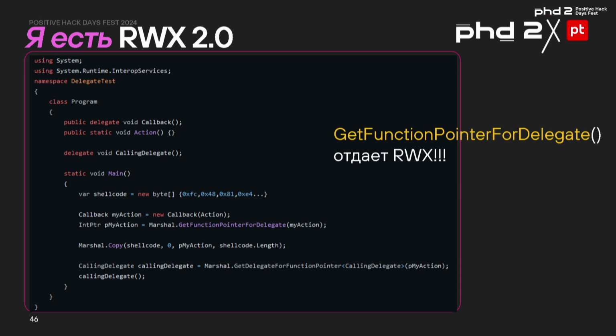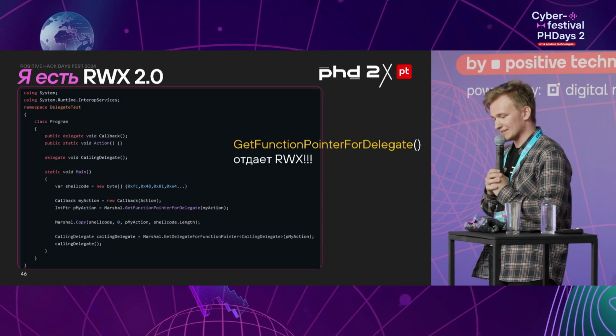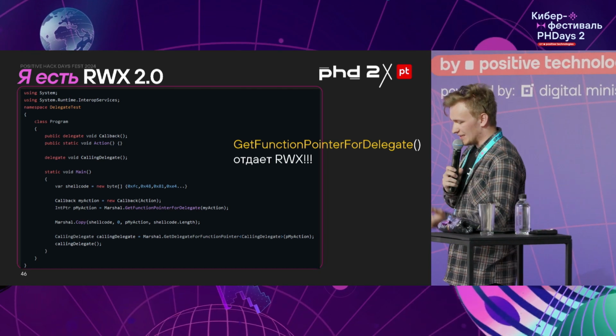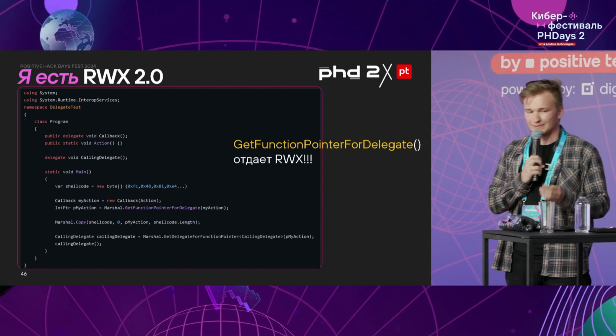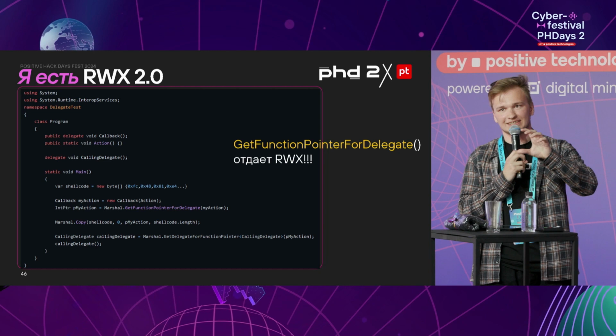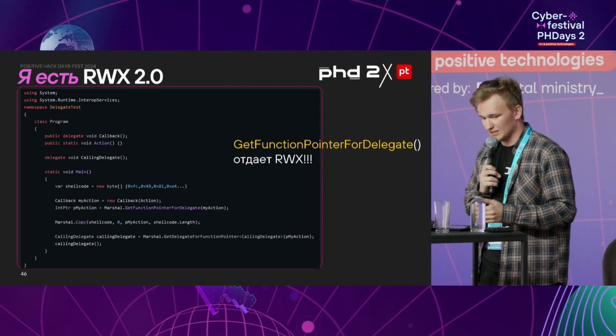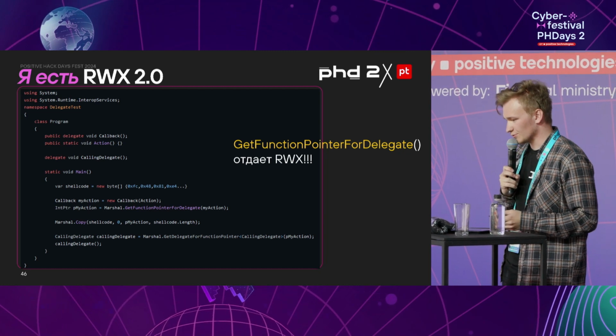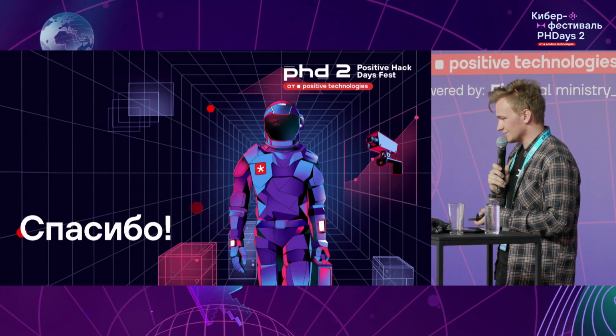Of course, it's non-executable, so it has executable memory. It's good. Then we get the delegate's address, rewrite the delegate code with the shellcode in this case, and then we get the address for it and create the delegate again, call it, and this leads us to being able to run our shellcode.